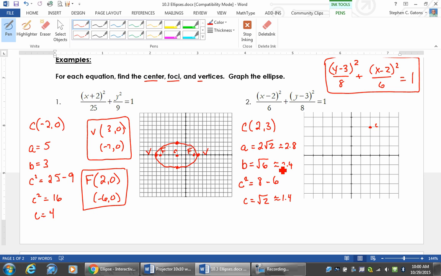Up and down, because 8 is underneath the Y term. So 2.8, and you're going to have to approximate that endpoint on this graph. 1, 2, we'll call that 2.8 up there, that's going to be a vertex. Down 2.8, that's going to be a vertex.